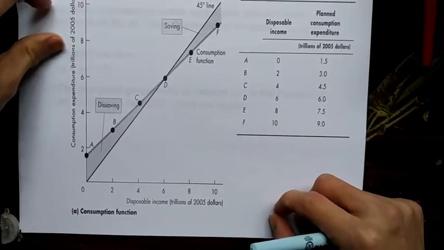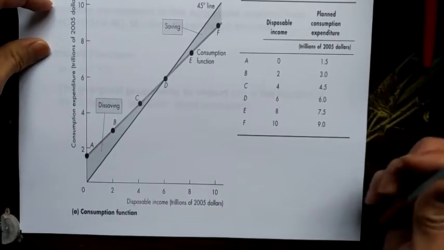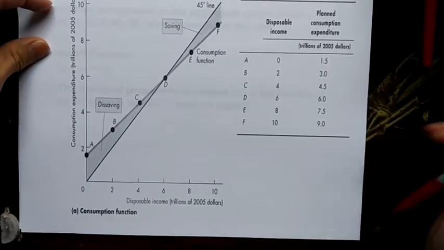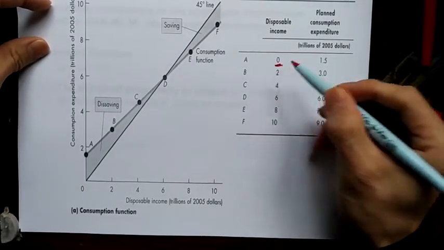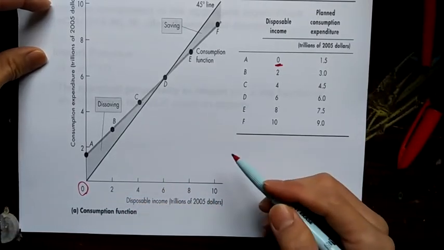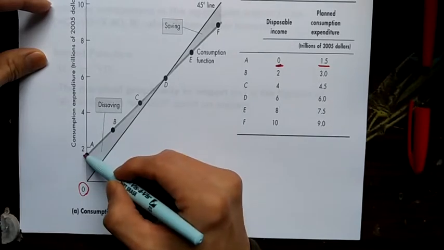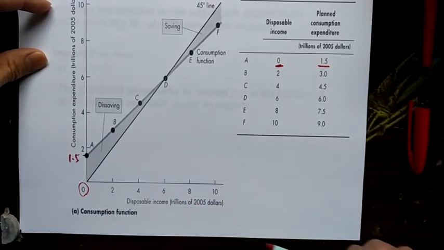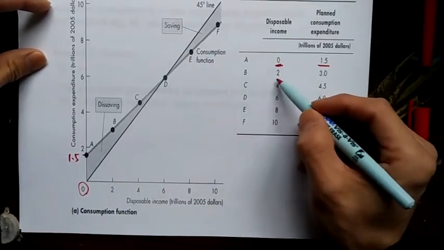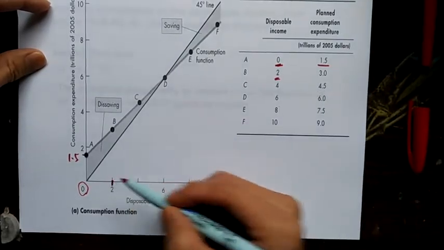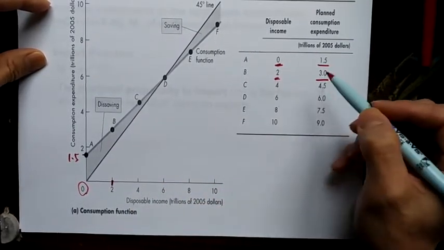Now this is a table and a chart in the textbook. Say, for example, when your disposable income is 0, you plan to consume 1.5. If your disposable income is 2, you plan to consume 3.